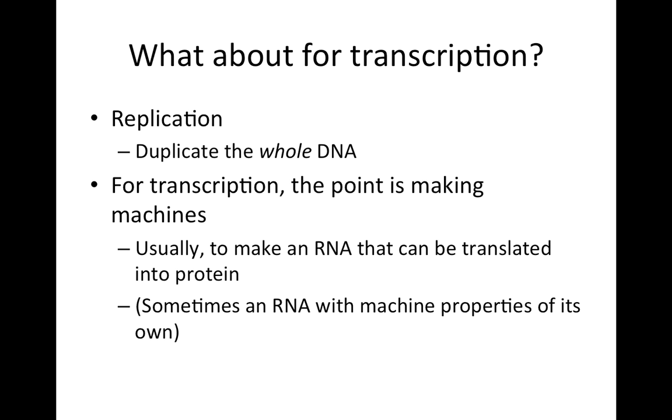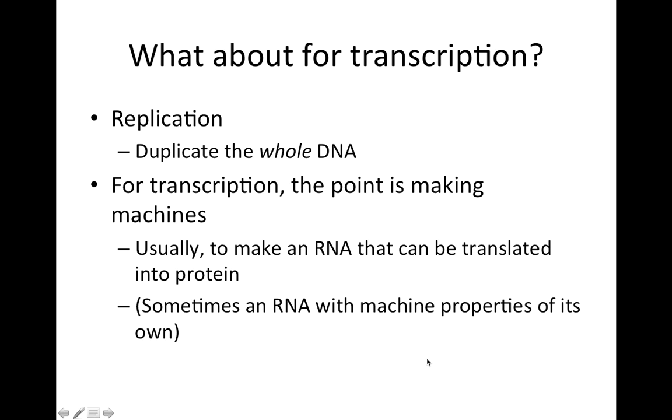That's not the point. The point is to make an RNA, to get a bit of RNA that will give us the instructions for making a machine. So usually that RNA will then be translated into protein. We'll talk about that in the next video. And then sometimes an RNA already will have its machine properties, which we'll discuss.